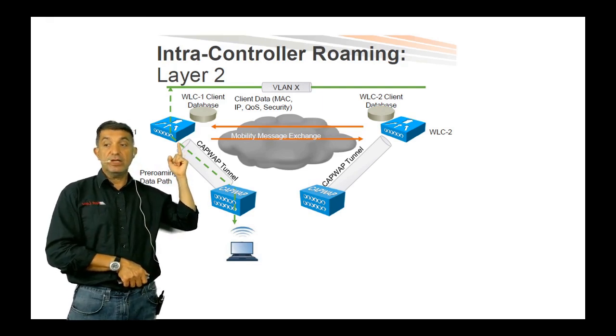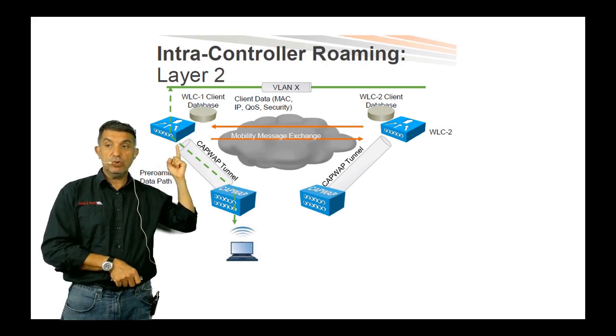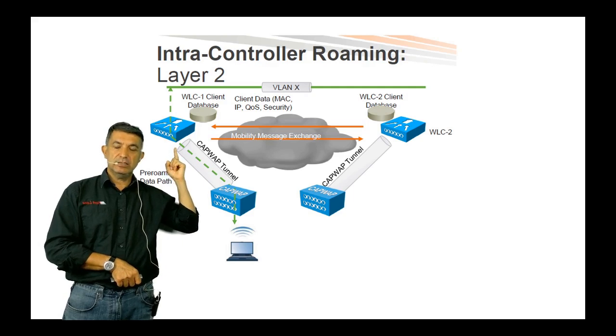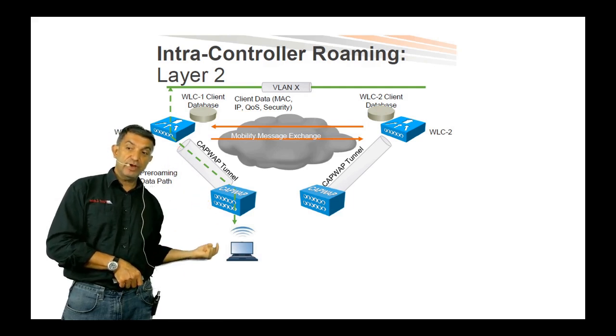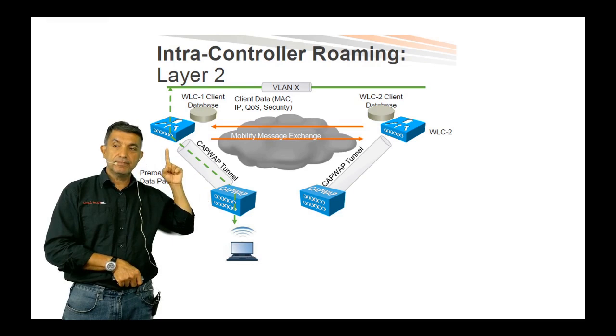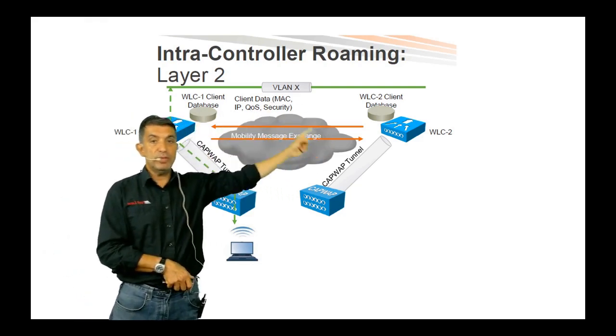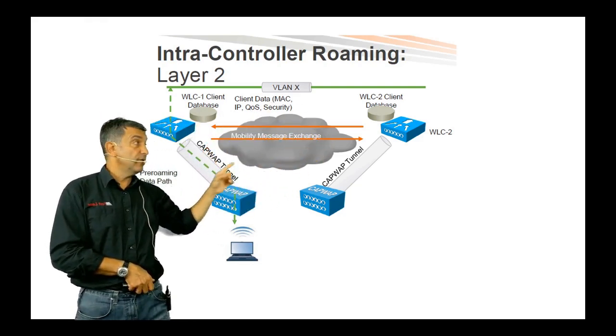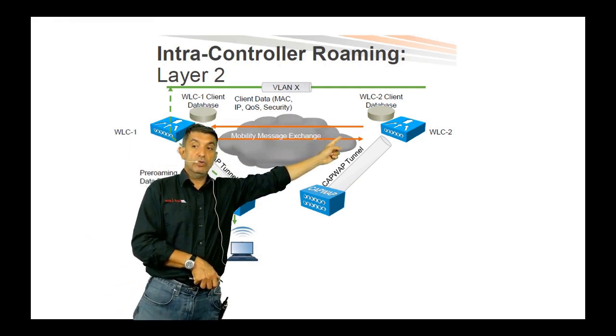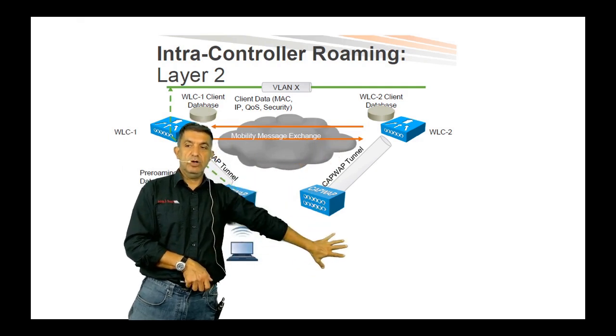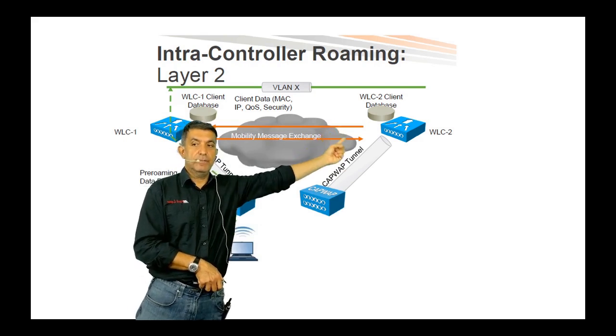Okay? For example, if we have a controller type which can only store 32,000 client entries, and it has its 32,000 client entries, then in the moment we build a mobility group or mobility domain, maybe the neighbor controller has 20,000 client entries connected to it.